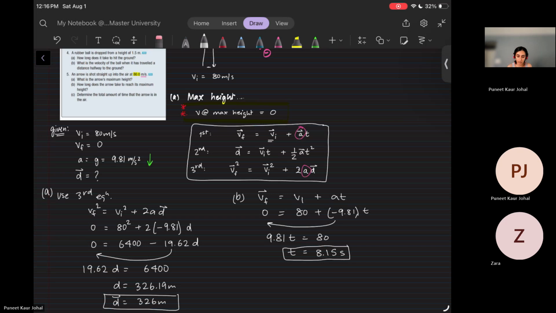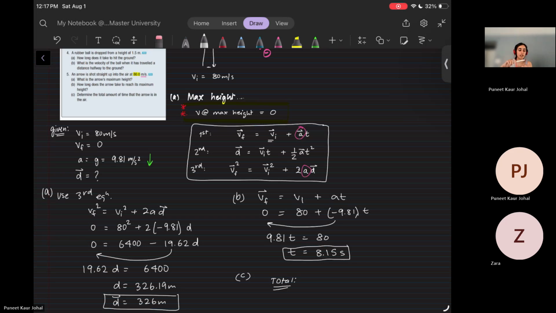And then it says determine the total amount of time the arrow is in the air. You could do it with equations in detail, and I would show you maybe next time. But all of this is very symmetrical.